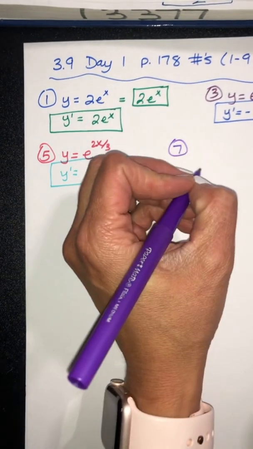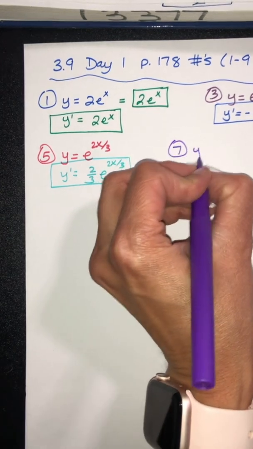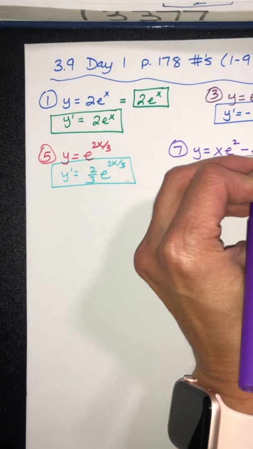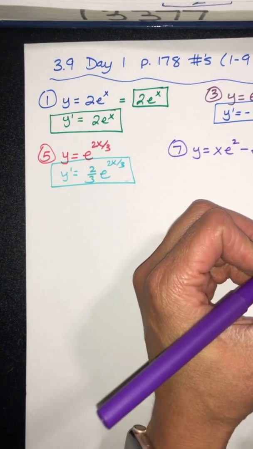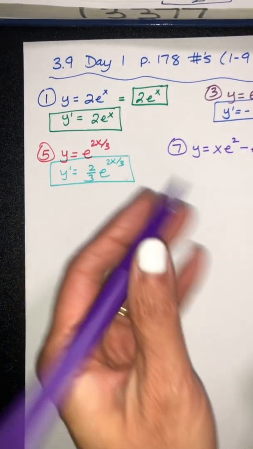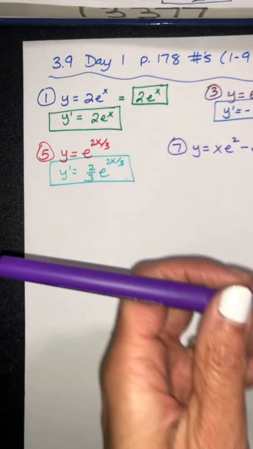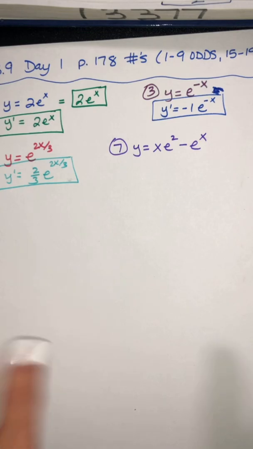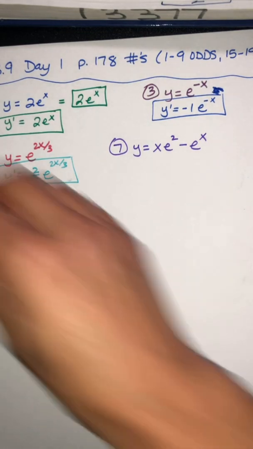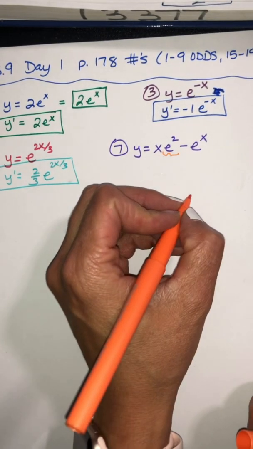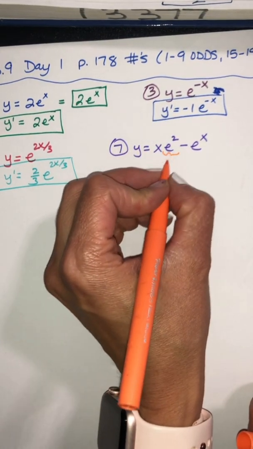Number 7 would be the next odd, y equals x e squared minus e to the x. Okay, well, let's see. e squared would be a constant. So I want to take note of that, because we could type in e to the second power in our calculator and we will get a number.